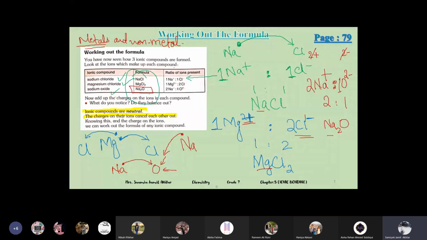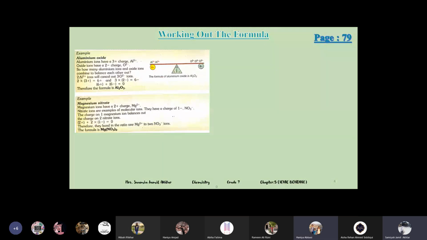Let's see these two examples, aluminium oxide and magnesium nitrate. In the aluminium oxide example, it's given in the question that aluminium ions have 3 plus charge, so aluminium is 3 plus.